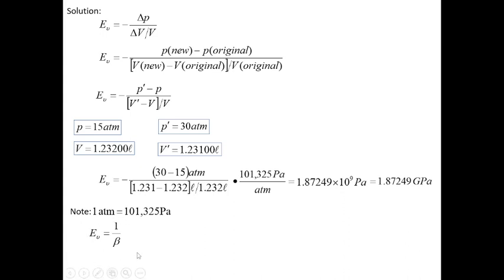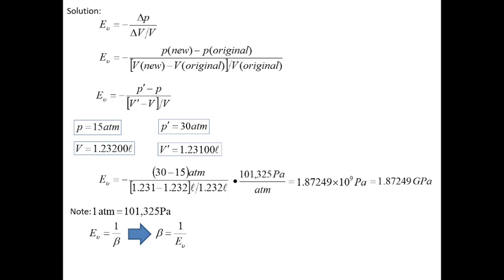So, recall natin yung formula ng bulk modulus of elasticity, that is equals to 1 over the compressibility or the coefficient of compressibility. So, therefore, the coefficient of compressibility is equal to 1 over the bulk modulus of elasticity.